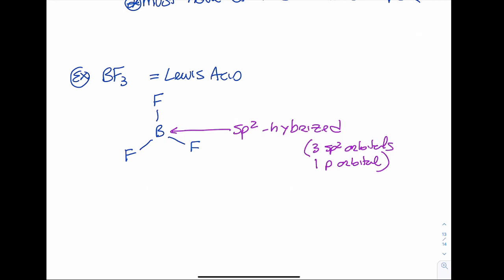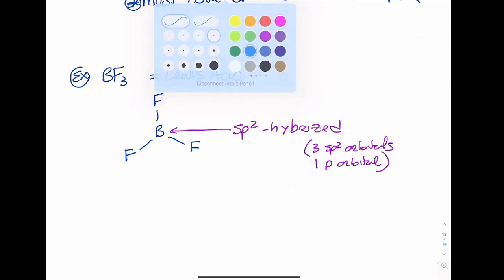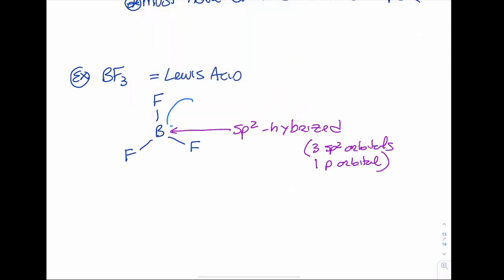And then the p orbital is on there. Remember, our p orbitals are perpendicular. So I could kind of shade this one, showing that it's coming out at us. So I have a p orbital, and then the other side I could dot. I do have this empty p orbital on there.